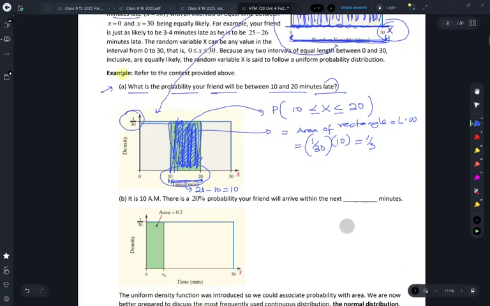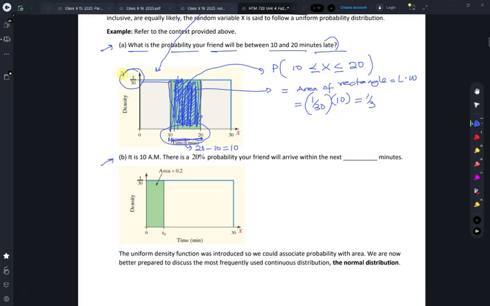Okay? We want to look at another version of the problem. It is 10 a.m. That is the time when you and your friend are supposed to meet. And there is a 20% probability that your friend will arrive within the next how many minutes? In other words, in this problem, we have already assigned what? A probability, or the area of the amount of probability concentrated in this area.